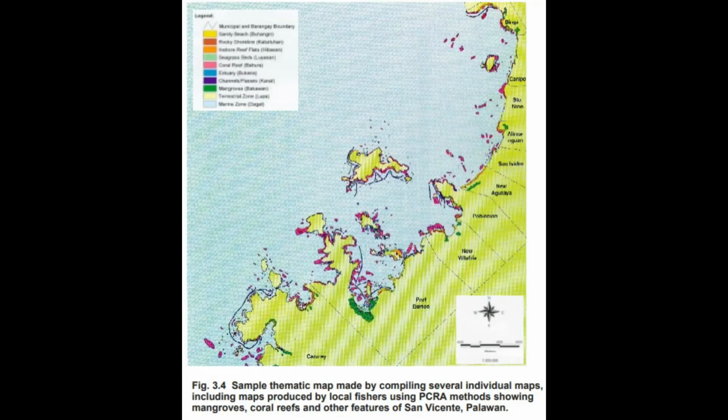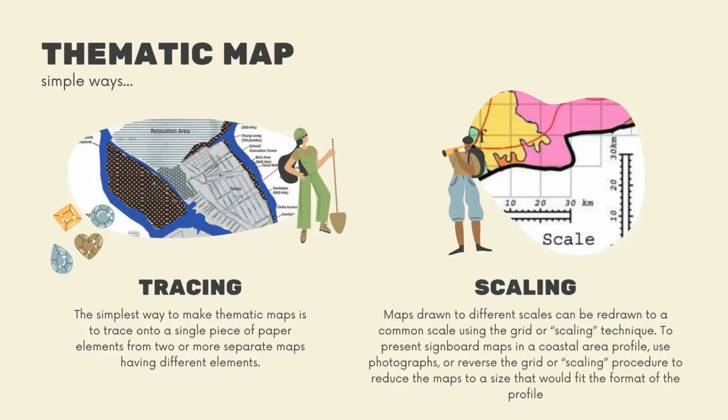Figure 3.4 shows a sample thematic map made by compiling several individual maps, including maps produced by local fishers using PCRA methods and showing mangroves, coral reefs, and other features of San Vicente, Palawan. The simplest way to make thematic maps is to trace onto a single piece of paper elements from two or more separate maps having different elements.